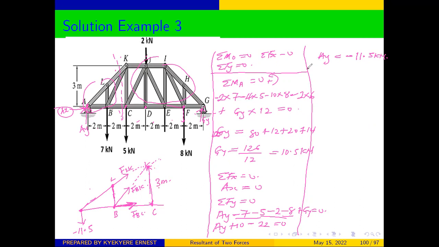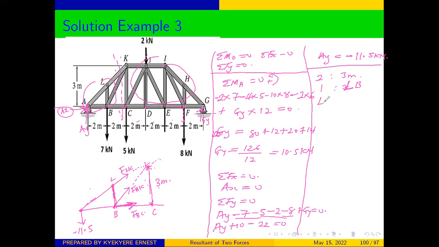From ratio and proportion, we can say that if the second division is equivalent to 3 meters, then the first division here will be equal to x. And from there, the length, let's take it to be LB, is what we are looking at from this point to that point.